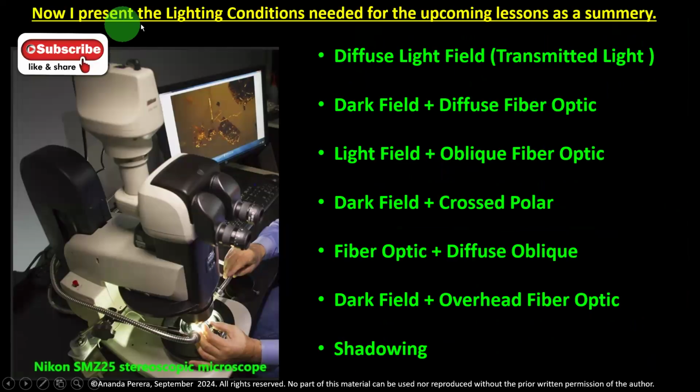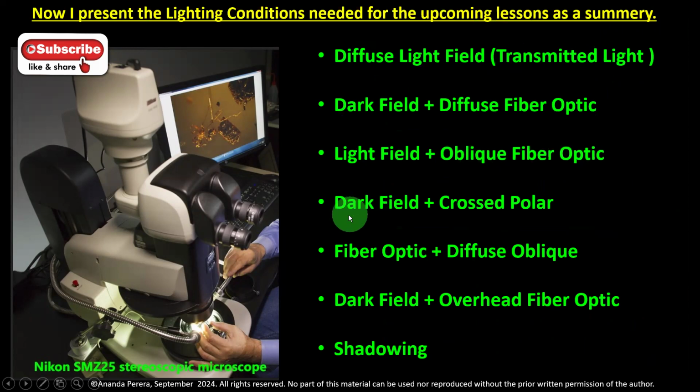Now I present the lighting conditions needed for the upcoming lessons as a summary. One, diffuse light field, that means transmitted light. Two, dark field plus diffuse fiber optic. You know the dark field and light field from earlier. Three, light field plus oblique fiber optic.